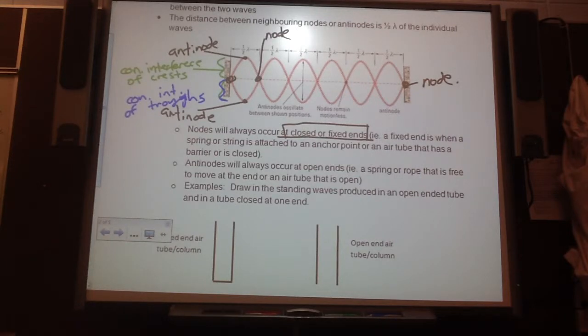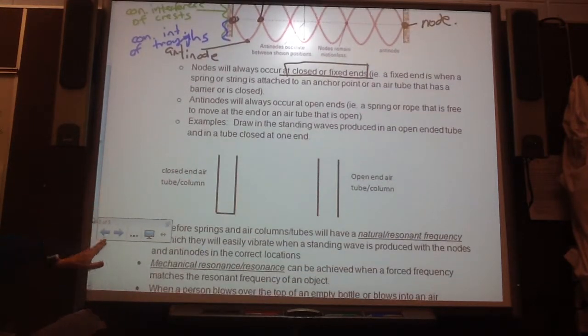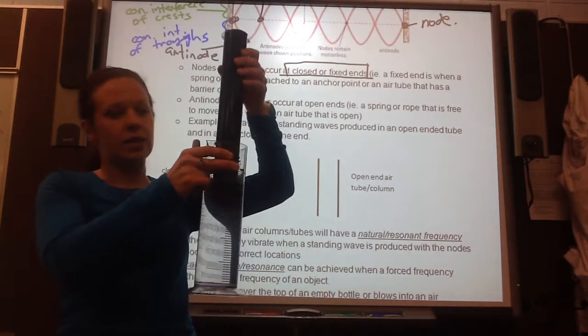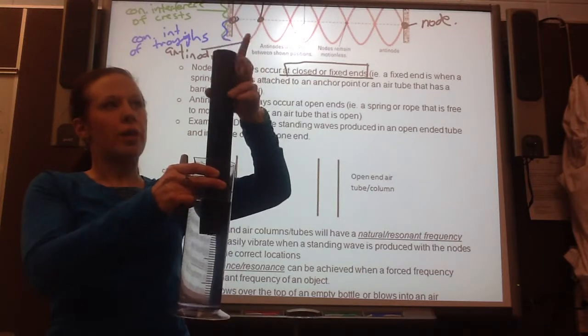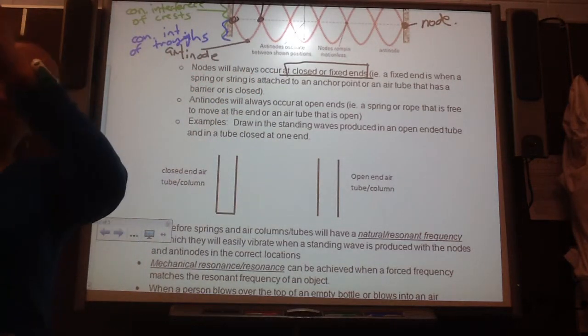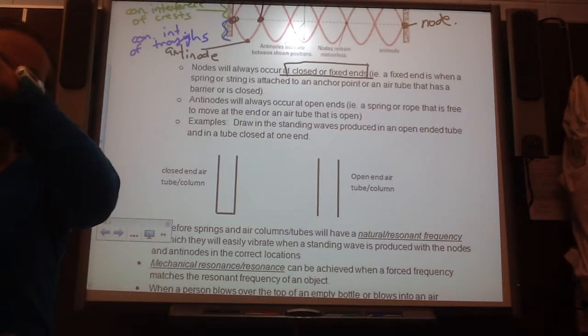Antinodes will always occur at open ends, or if it's free to move. So, for example, say we have an air column, and it has an open end. At the top we have an open end. At the bottom it's like a closed end, the water's acting like the tube is at a closed end. Okay?